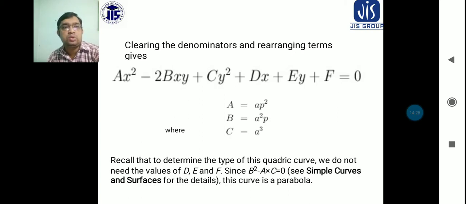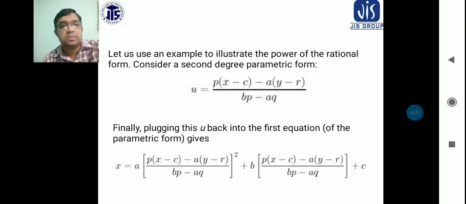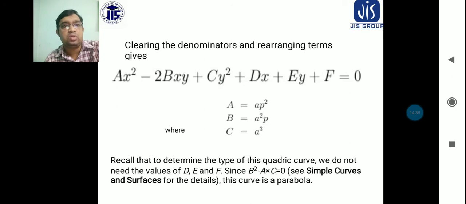Here the coefficients are: a equals ap square, b equals a square p, and c equals aq.